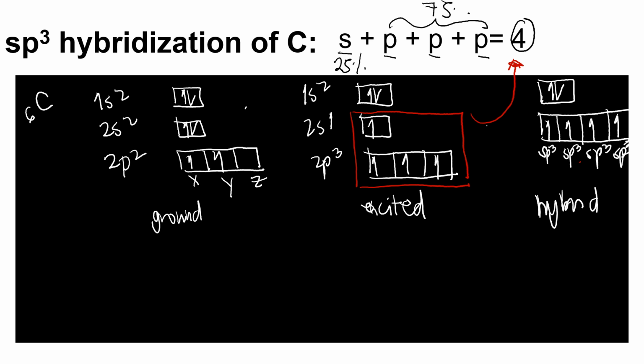So in figure, we look at your carbon atom like this. So this carbon has 1, 2, 3, 4, and this has sp3 character.